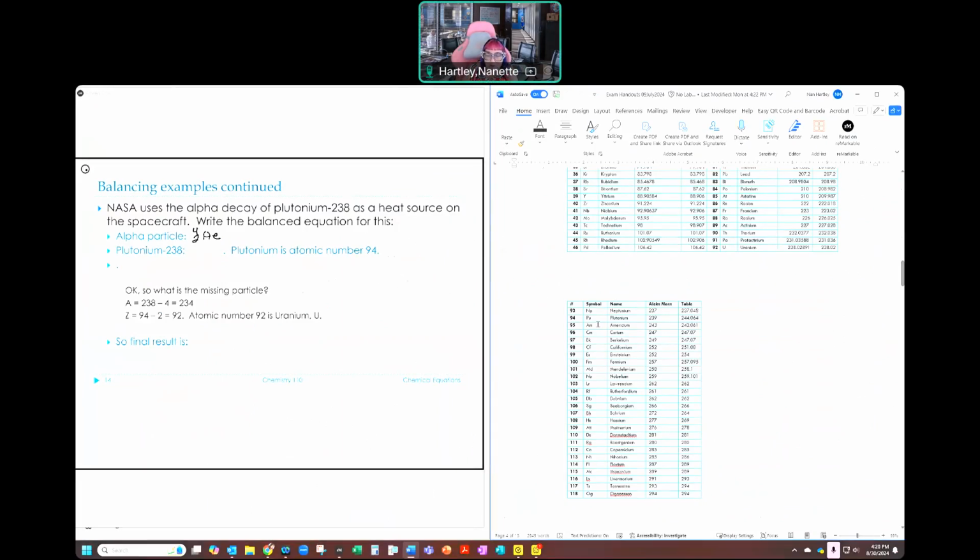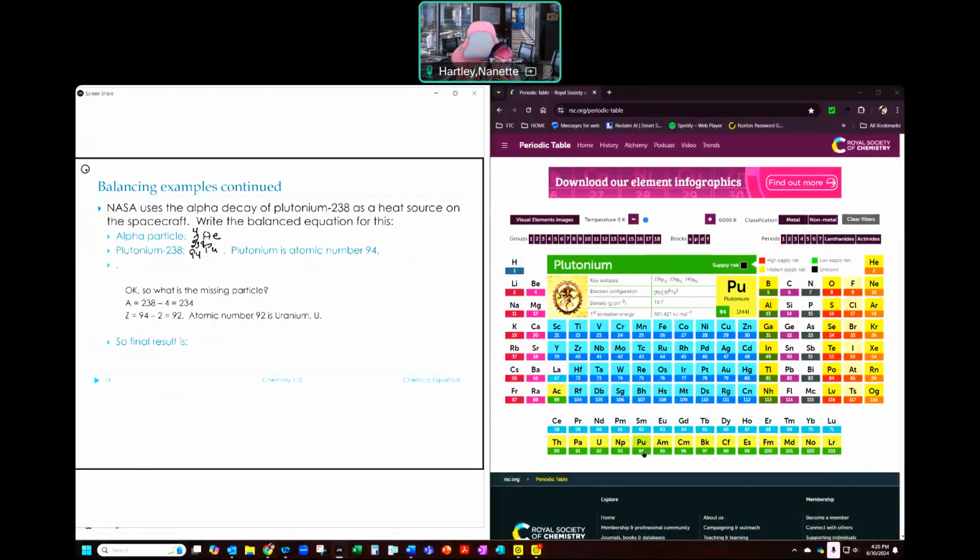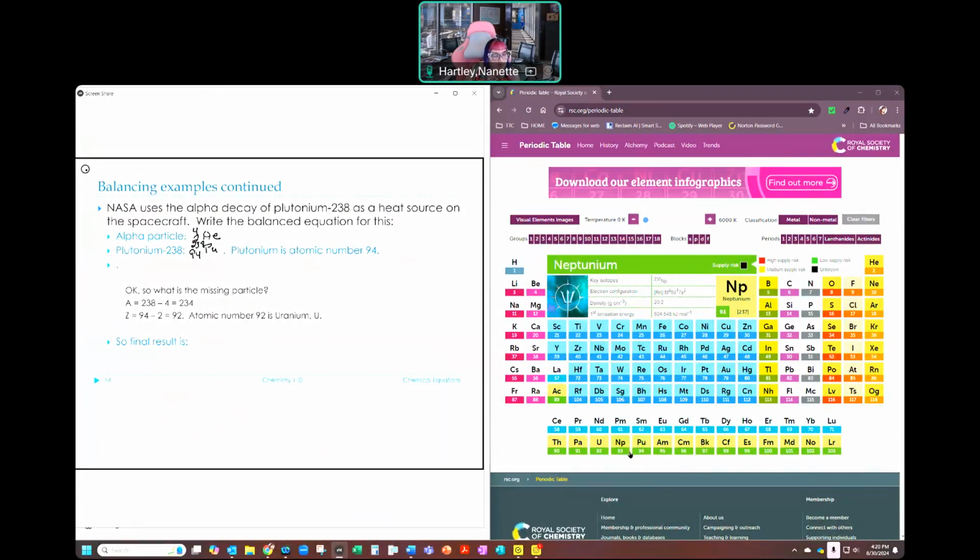Ah, 94 Pu. 94 Pu. And again, 238 comes up here. Why I couldn't find him on the table beats me. I was looking right at him and I couldn't see him. 94, he's down here. Okay. Plutonium is atomic number 94. It says that right there, and I still couldn't find him.